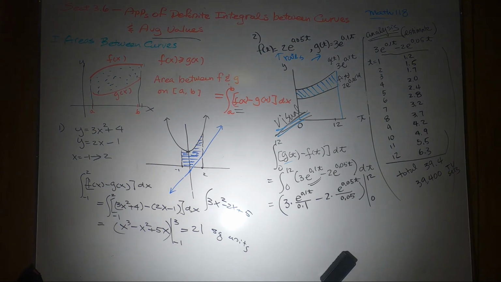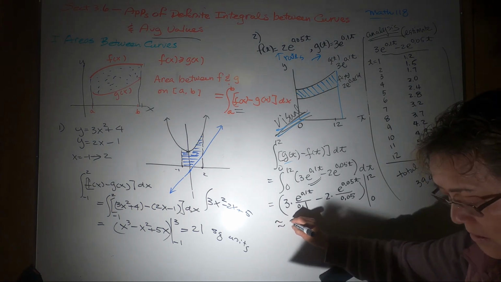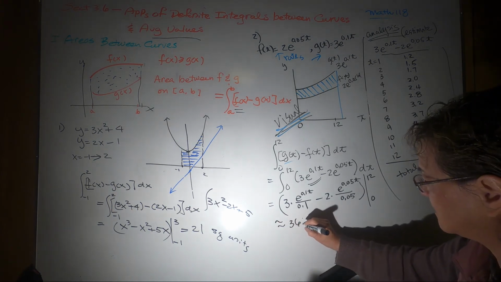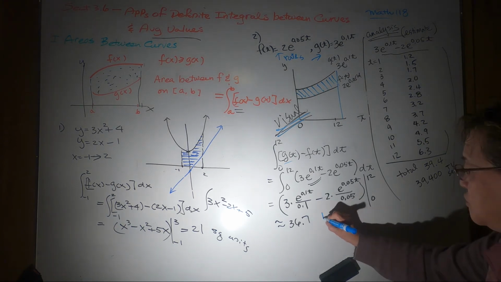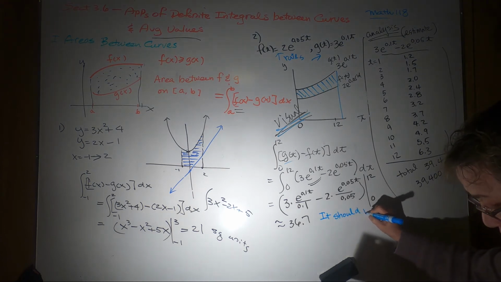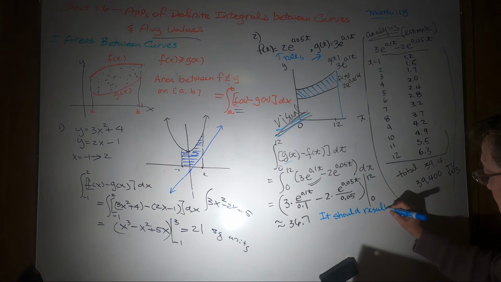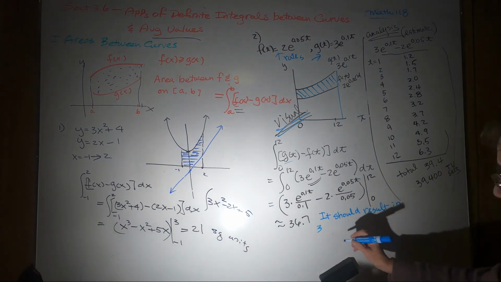Okay? Then you plug in your calculators. It's about what? 3.7. So what is this one saying? The answer means it should result in how many thousands of sets, right?